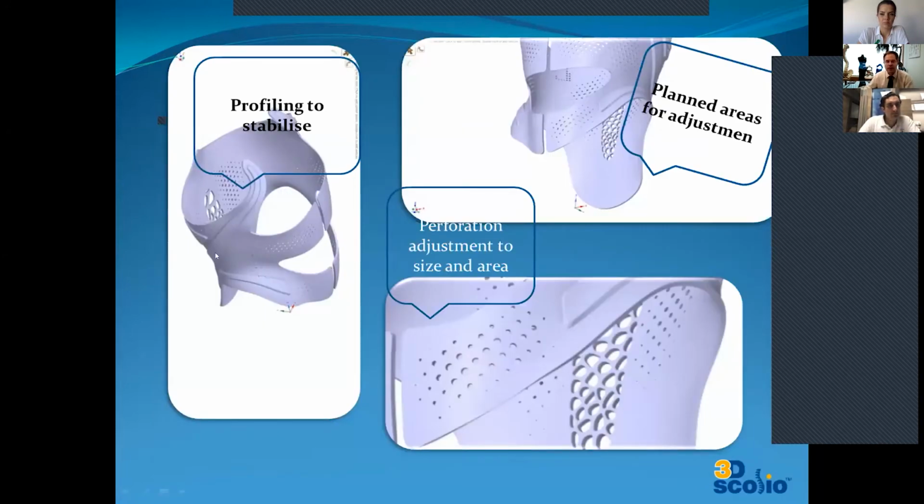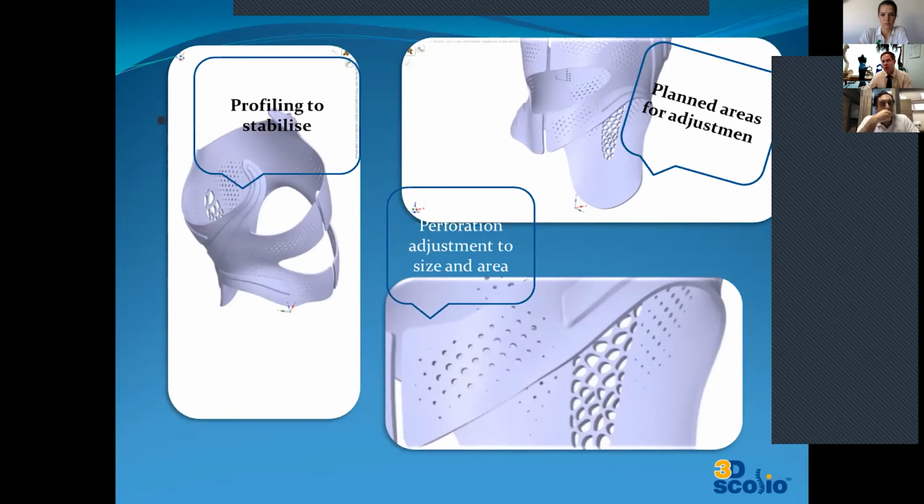You have to construct the profiles, the perforations, the thickness, and take into consideration what kind of area you might need to adjust, so that when the patient is in front of you and is changing, either immediately, for example because the brace is prolonging the spine, or while the children are growing, you also have in mind that over a year or longer the brace is still functioning and you have enough material.